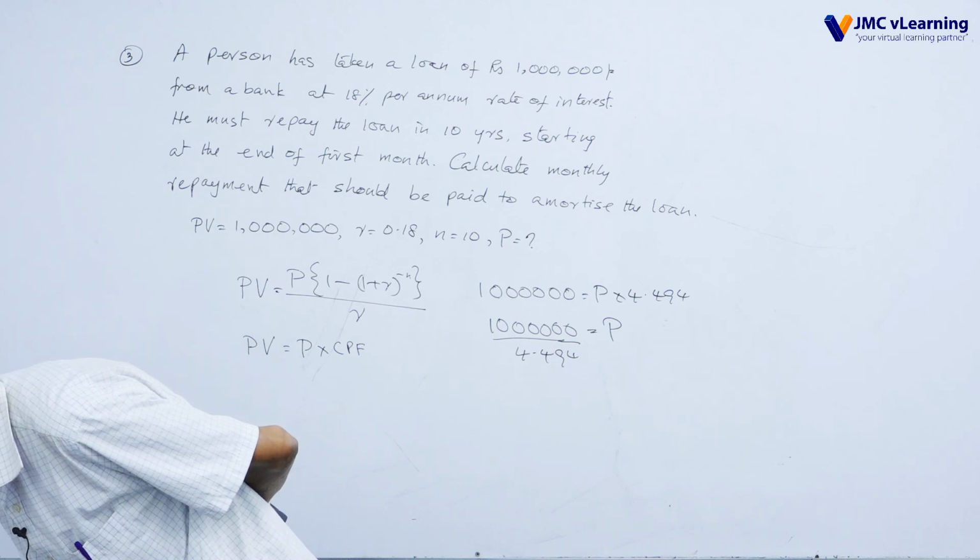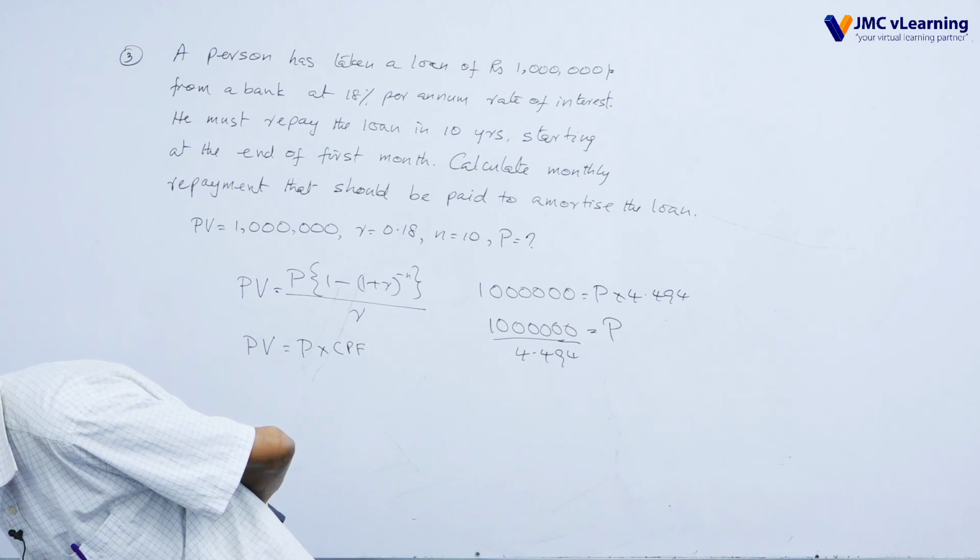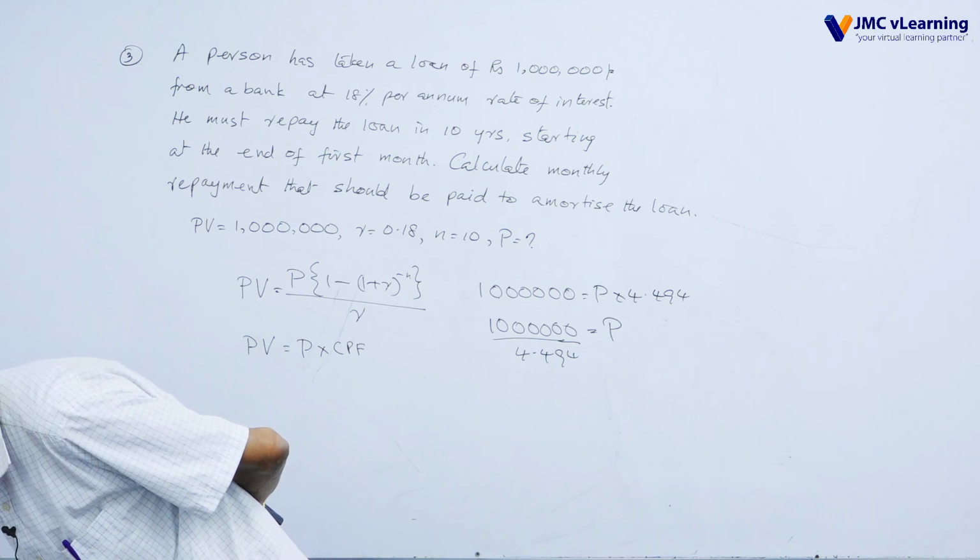Then 1 million divided by that gives 222,000. A small difference.